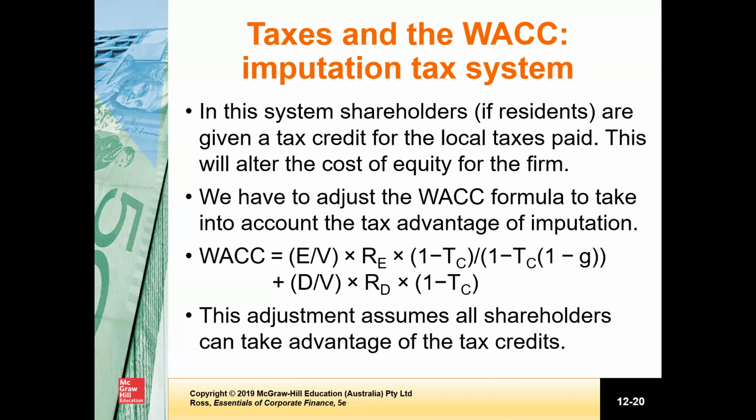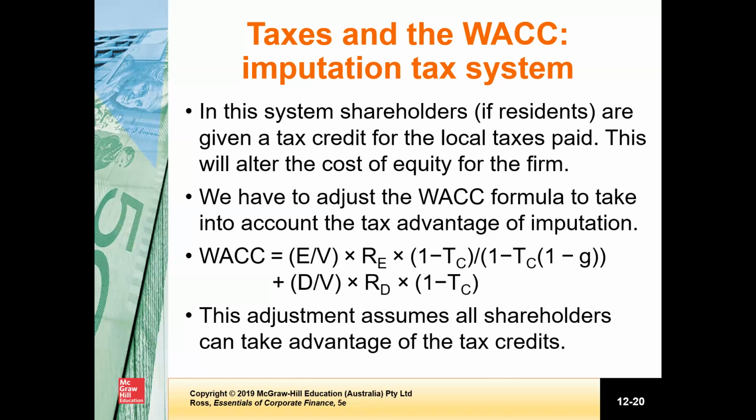For example, each dollar of dividend is worth more than $1 because of franking credits. Therefore, the dividend dollar should be grossed up by the company tax rate. The grossed up dividend is actually equal to the dividend divided by 1 minus tax rate, and then this has to be adjusted for the value of the franking credit to the shareholder, gamma.